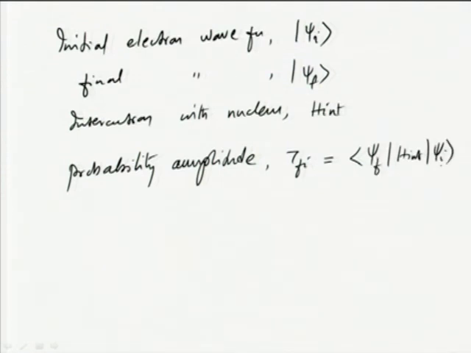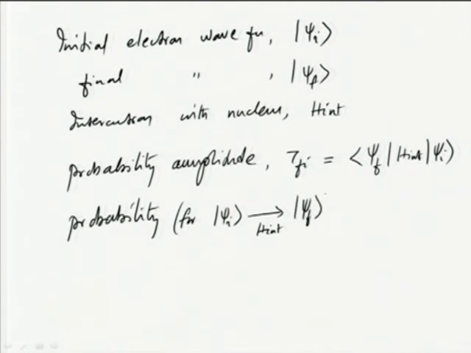This is the quantum mechanical probability amplitude for this particular thing to happen, and the corresponding probability itself, let me write that down, for psi I to go to psi f through H interaction is equal to |T_fi|^2.